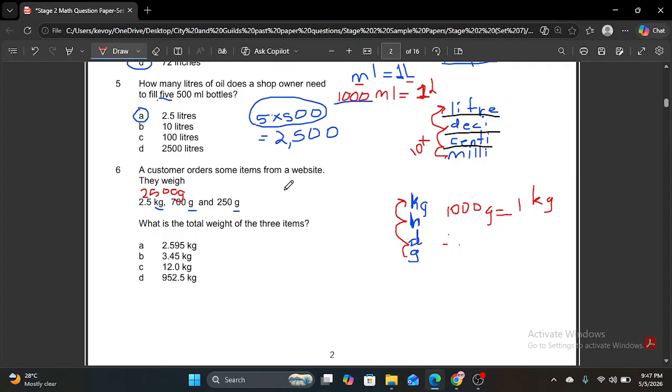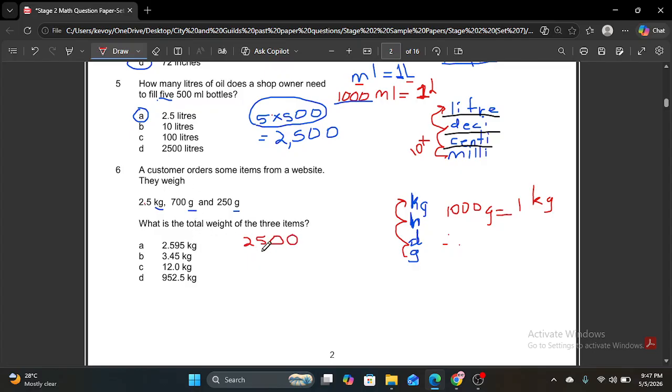So let's add everything together so we can have our answer quickly. Our 2.5 kilograms is going to be 2,500, since I converted everything to grams.